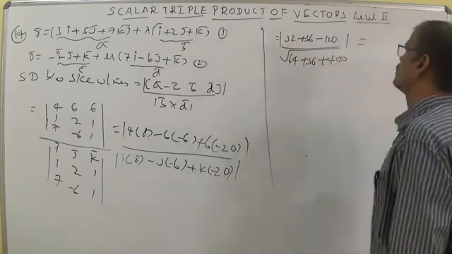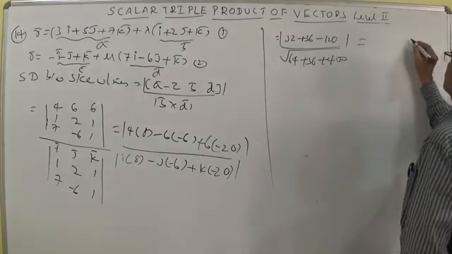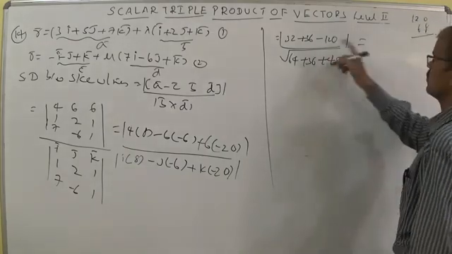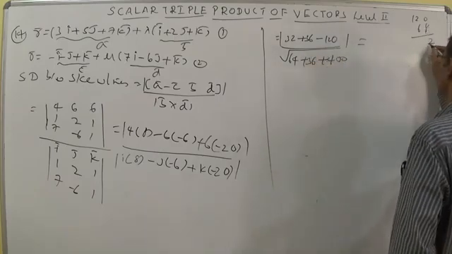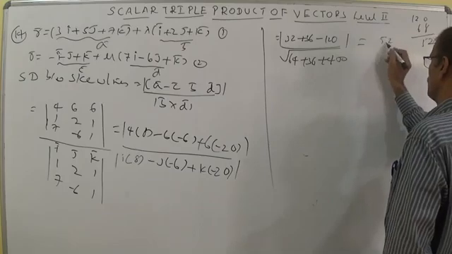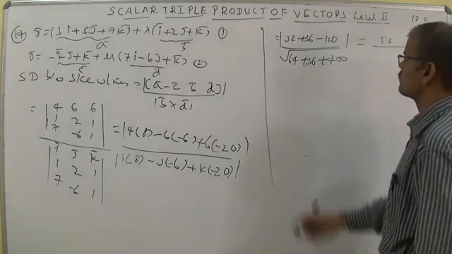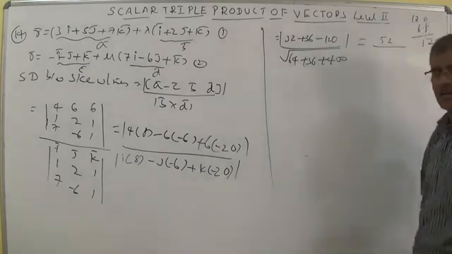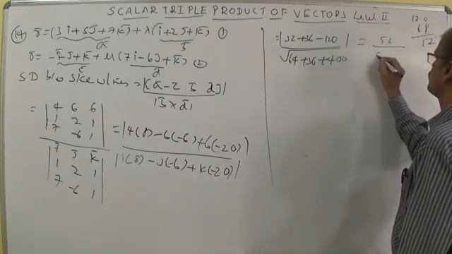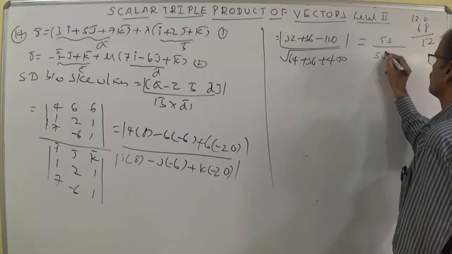The value 32 and 36 is 68. So 120 minus 68, now you should write, 52. 52 whole by 64 plus 36 is 100, 100 plus 400 is 500. 500 over root, you can write here 5 root 10.